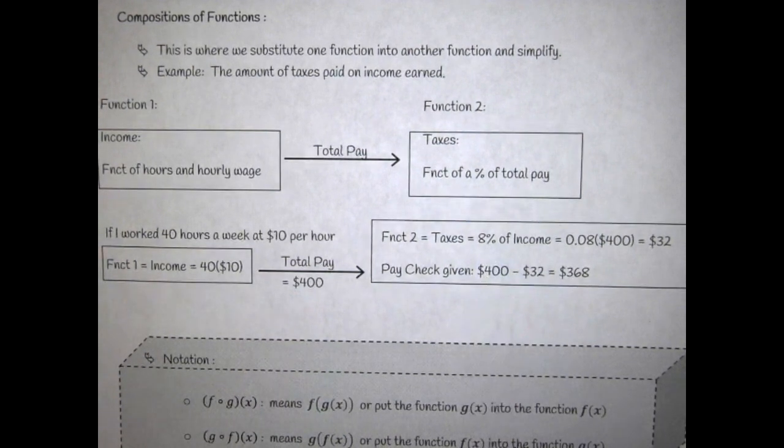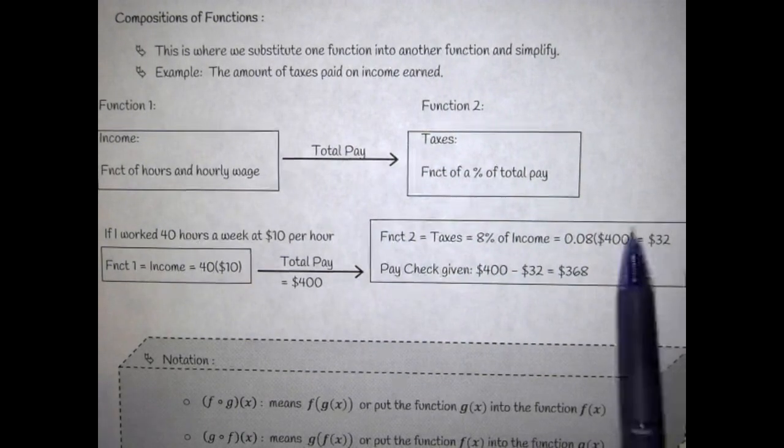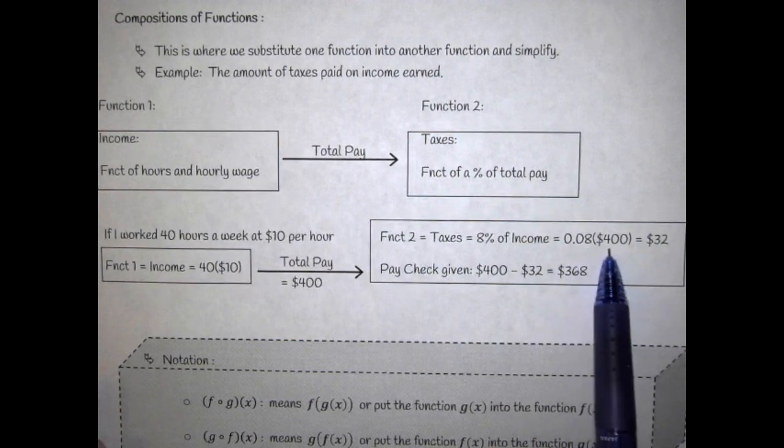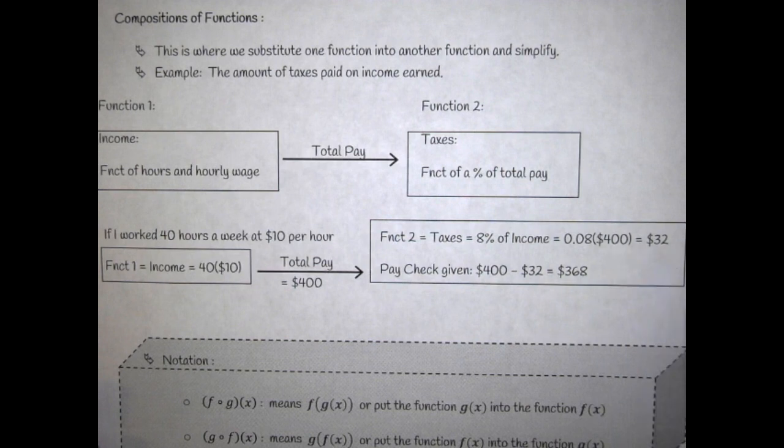So what happens is that paycheck of yours then has to run through your taxes function. So in other words, taxes would be, say, 8% of that $400, which is $32. And that would be taken out of your paycheck and, say, paid to the government.